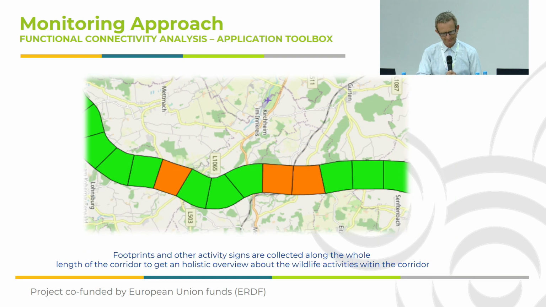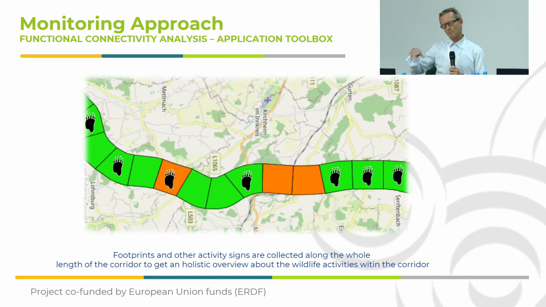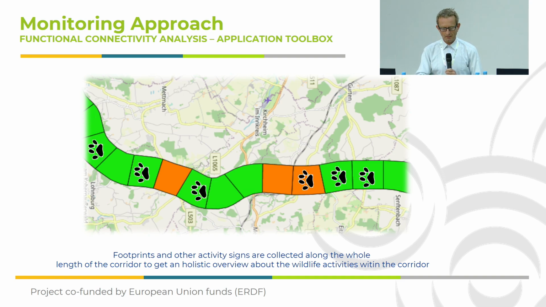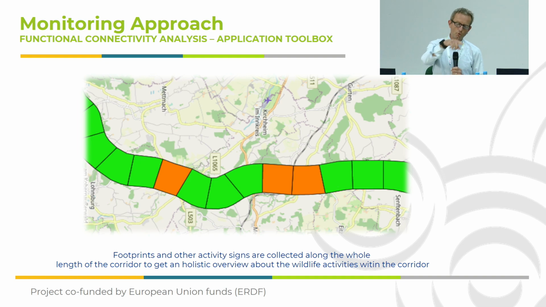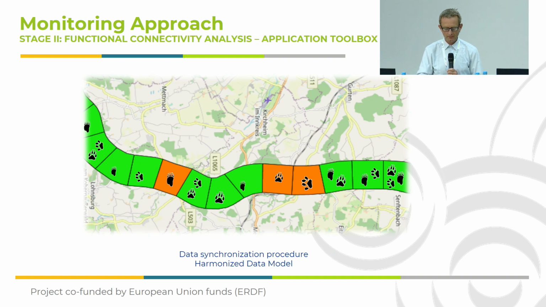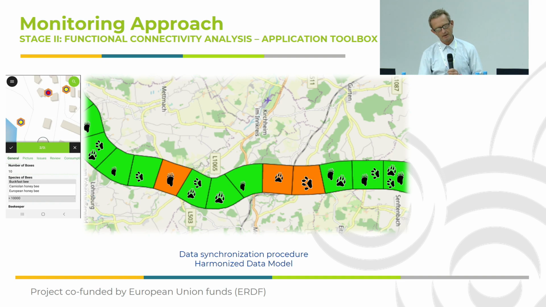To get a more holistic overview of the whole corridor, we did this field work, and we did the track monitoring inside the whole corridor. This was done with the Cookies Field app, an open source mobile client app.